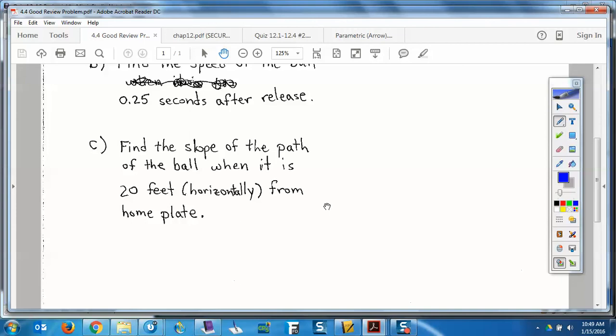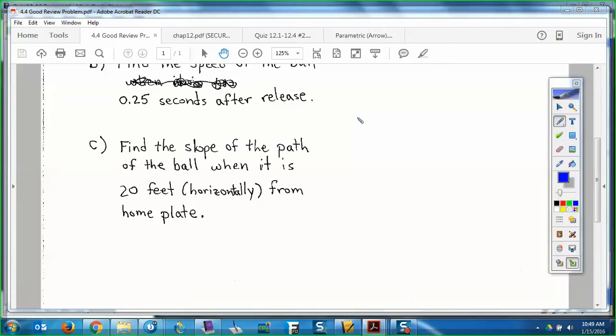I'll tell you what, now that you've, let's say I asked for the horizontal and the vertical velocity at 0.25. So when t equals 0.25, tell me the horizontal and vertical velocity. This is the other question I can think that we've talked about with parametrics. Give me the horizontal and vertical velocity.